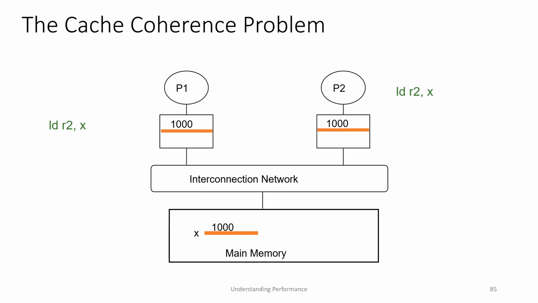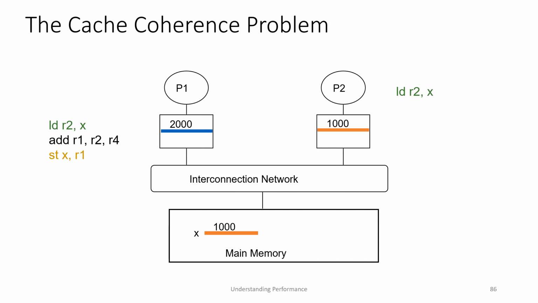After some time, let's say P1 has also executed the instruction. So it will have a copy of 1000 in its own R2. Now later, P1 changes the value. Okay, again, here we have add R1, R2, R4.